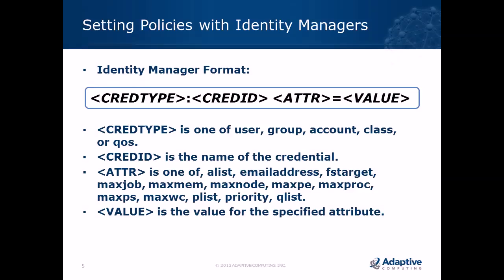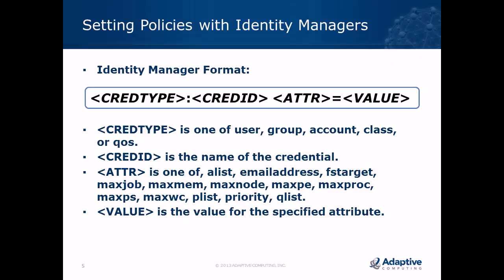So what goes in an identity manager? As I mentioned before, you've got access information, you've got policy information. It's a very simple format. You just do the cred type, user, group, account, class, QoS, colon, the credential ID, so the name, and then you just do a whole bunch of attr equals values, whatever it is that you want to specify there, where the attribute is going to be something like alist, that's account list, or email address, fair share target, max job, max mem, max node, plist, priority, qlist, qdef, all these different policies that you normally would put inside the Moab configuration file.